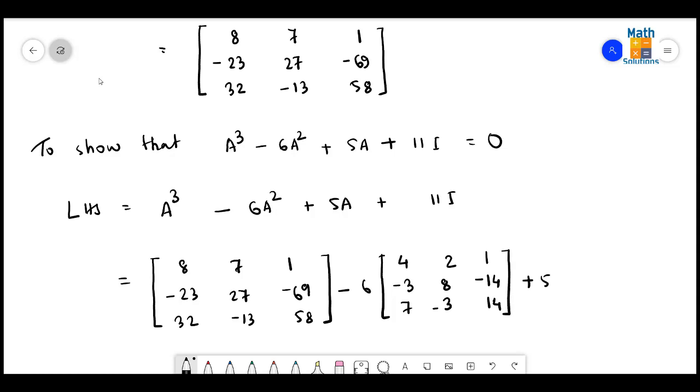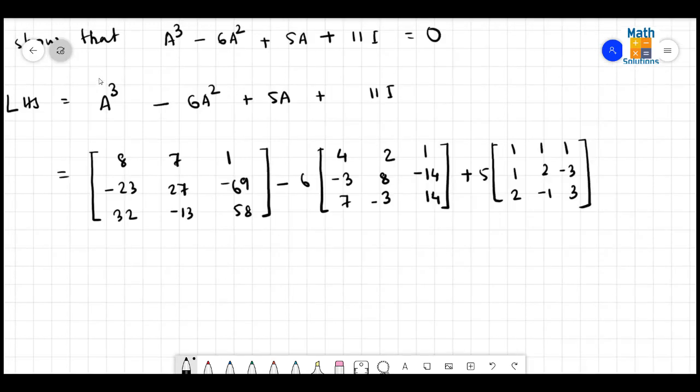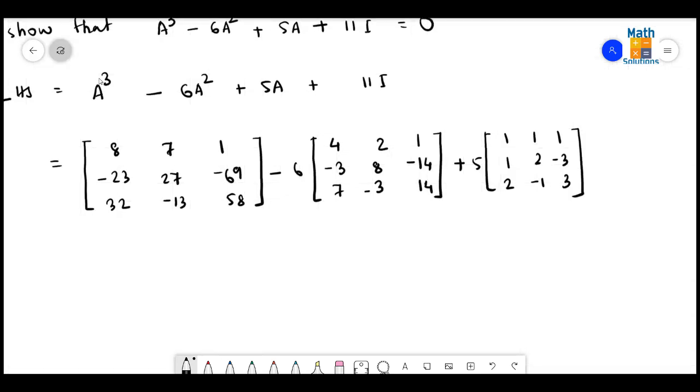Then after, in place of A, I can put here 1 1 1, then 1 2 minus 3, then after 2 minus 1 3, and for 11I, the order 3 identity matrix 1 0 0 0 1 0 0 0 1 I can put here.